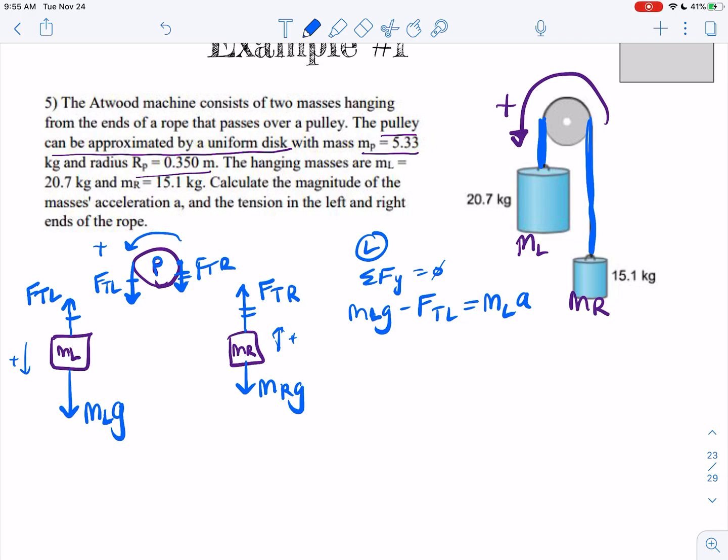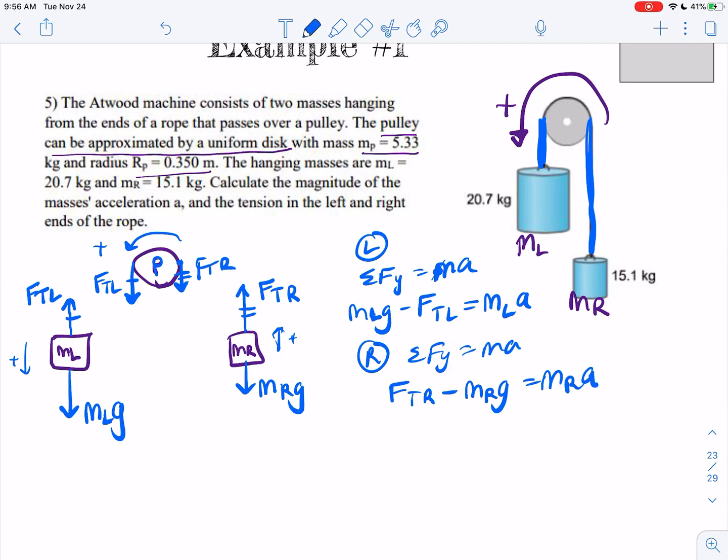And then for the right mass, it's the same thing, and it doesn't equal 0, it equals MA. You're going to have FTR minus MRG equals MRA.